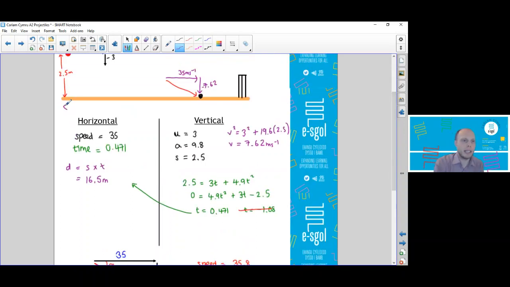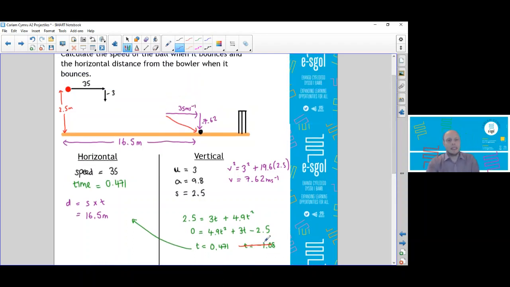Okay, so from where the bowler released the ball, it bounces 16.5 meters further down the pitch. Okay, I mean, a little bit complicated, but you could then look at what happens after it bounces, but you'd have all sorts of energy losses and things. Okay, so we'll stop that question there. That's enough for A2 projectiles.